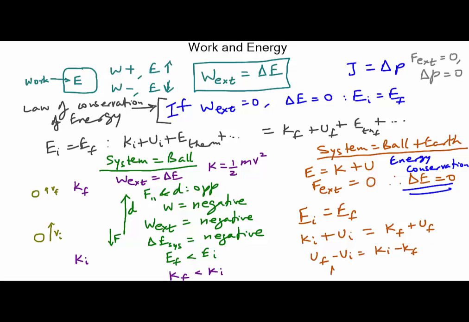UF minus UI is delta U. KI minus KF is minus delta K, because change in something is final minus initial, so this is the negative of that. And so when energy is conserved and I only have kinetic and potential to worry about, I don't have thermal and chemical and other things, as one goes up, the other one has to go down. That's what this is saying.